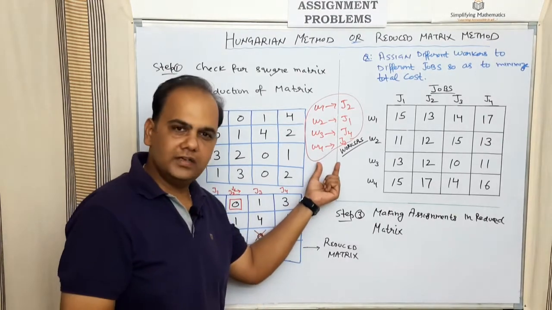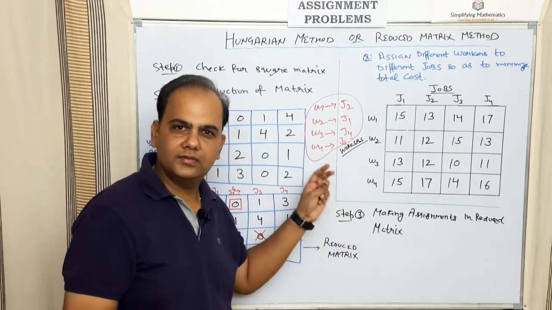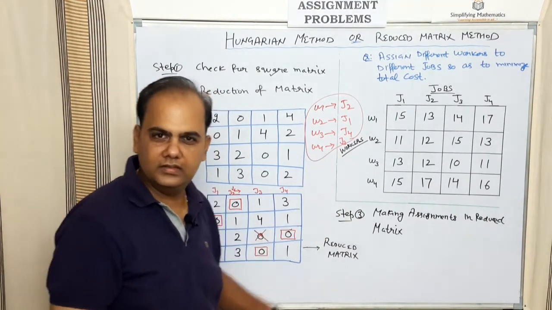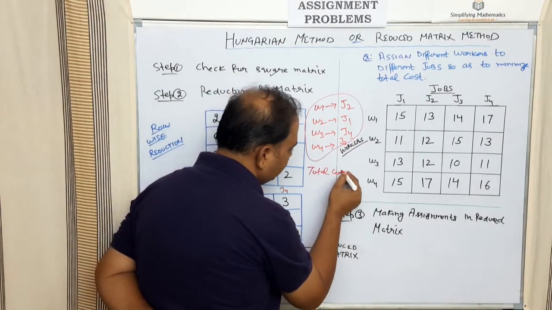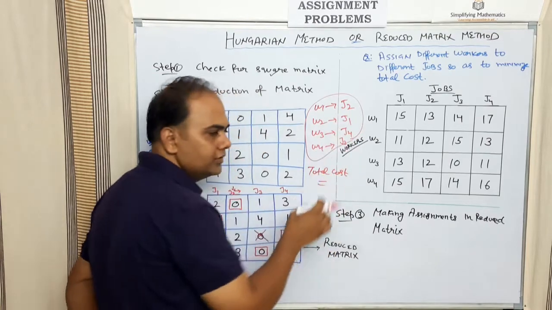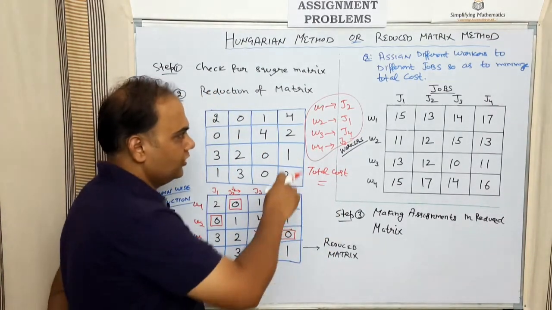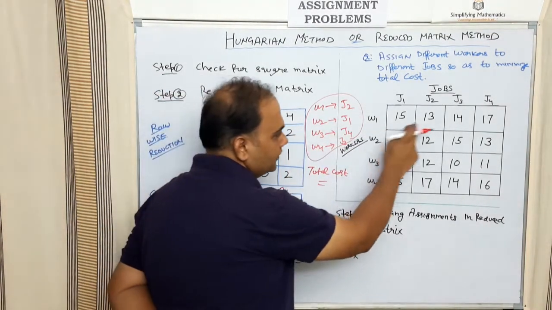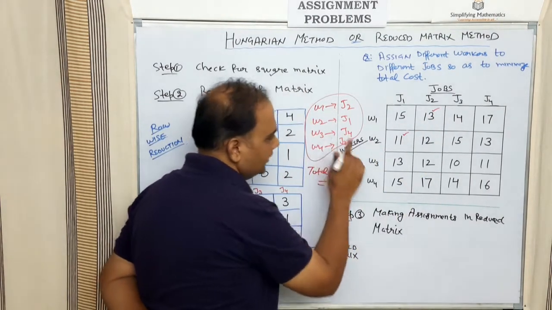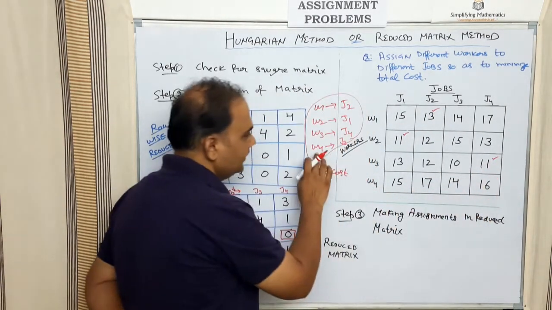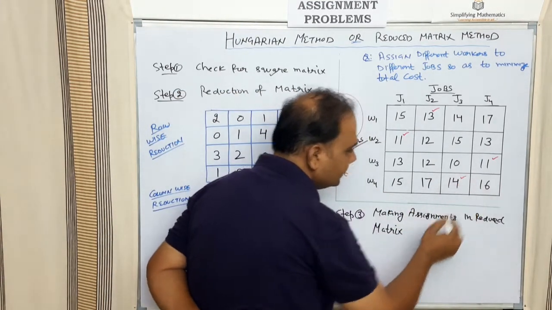Now if you have to find the total cost of this whole operation of assigning these workers to these jobs, then corresponding to these assignments you look at the cost. Corresponding to W1 J2, what is the cost? This is 13. Then W2 J1, this is 11. W3 J4, this is again 11. W4 J3, this is 14.